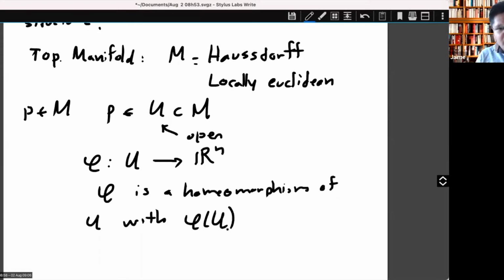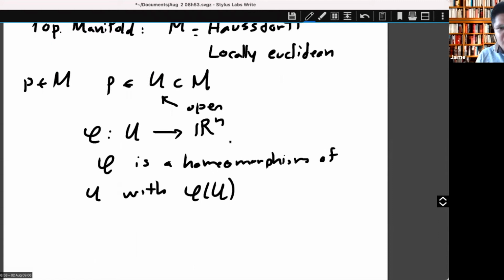And this number here is fixed for all homeomorphisms of this type you can find, and it's called the dimension of the manifold, in this case, of the topological manifold.